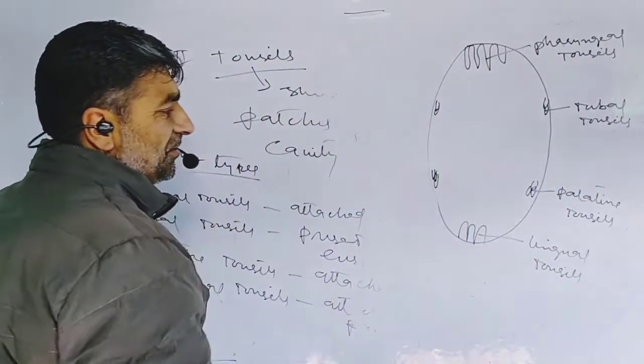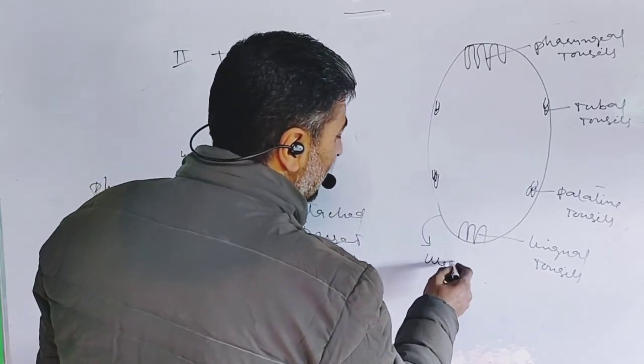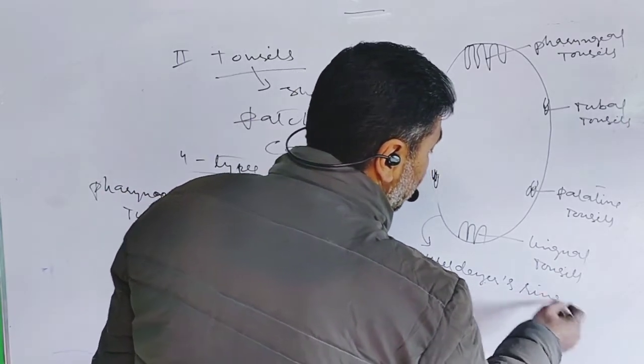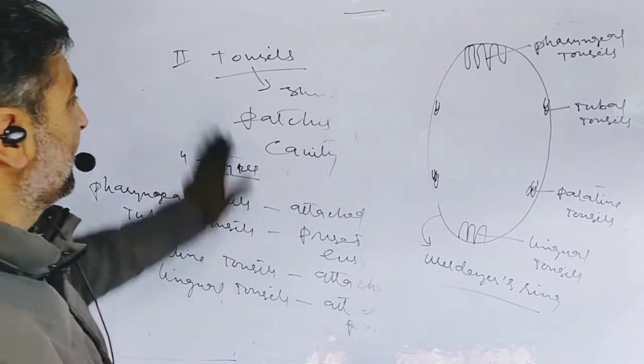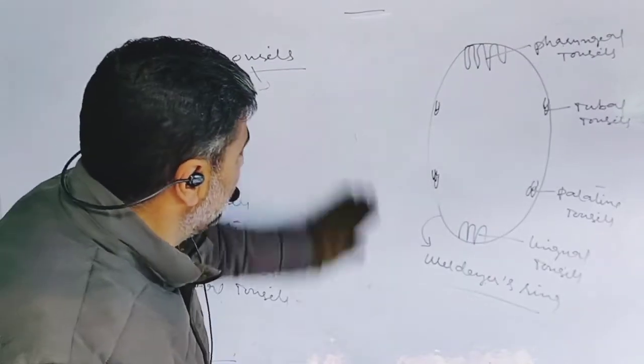When these tonsils join together, they form a ring-like structure, called Waldeyer's ring.